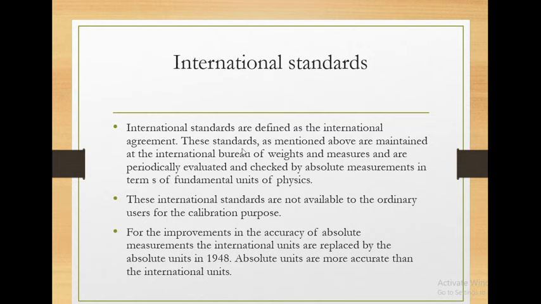These agreements, as mentioned above, are maintained at the International Bureau of Weights and Measures, and are periodically evaluated and checked by absolute measurements in terms of fundamental units of physics. In that bureau, all the standards are continuously maintained and periodically evaluated and checked by absolute measurement.